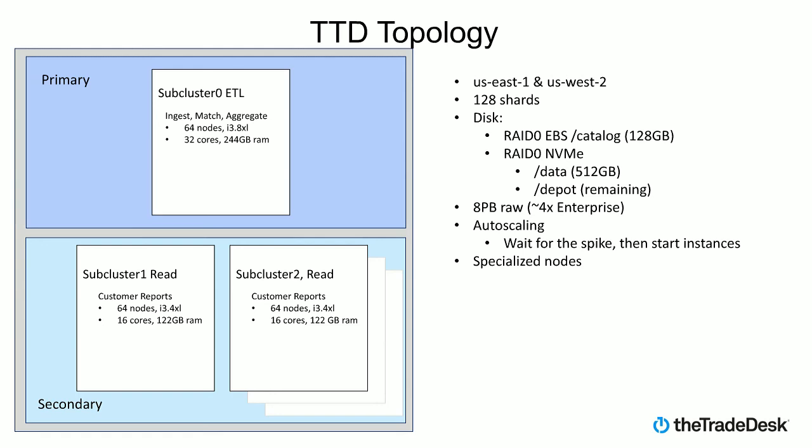And with Eon, it made it really easy to spin up a new subcluster and say, here you go, Planner team, do what you want. You can completely maximize the resources on these nodes, and it won't affect any of the other operations that we're doing, the ingest, the matching, the aggregation, or the reports. So it gave us a great deal of flexibility and agility, which is super helpful.